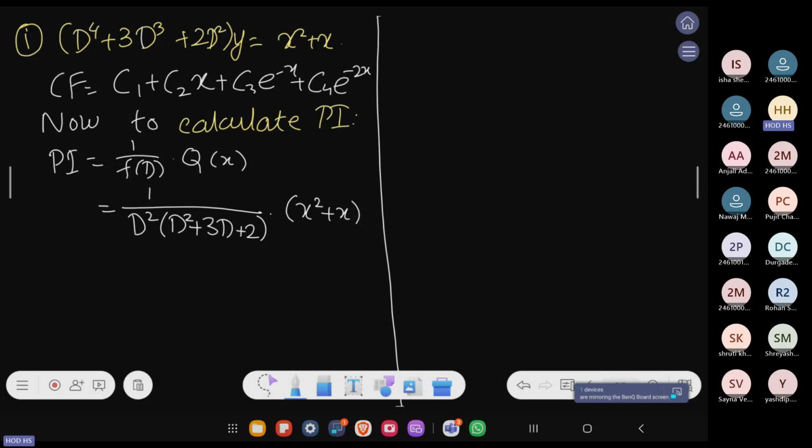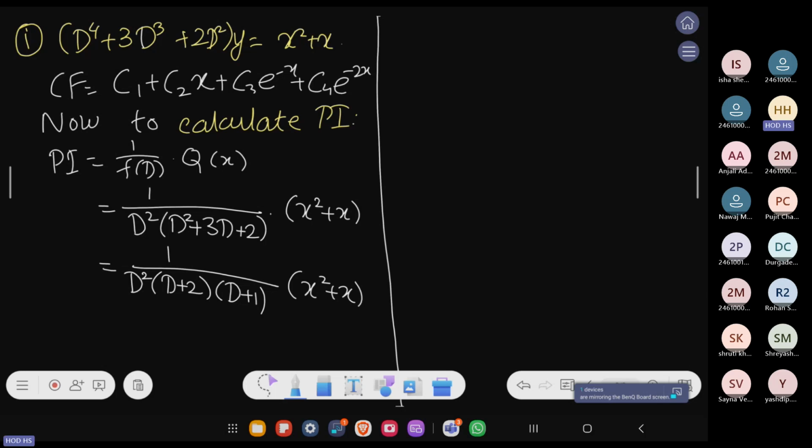So in this case, I will rewrite this as D square, D plus 2, and D plus 1 of x square plus x.